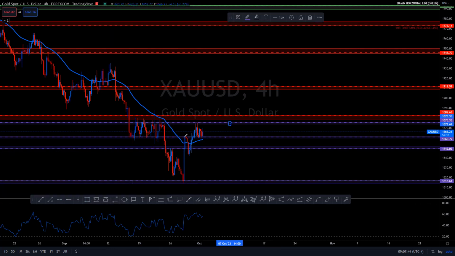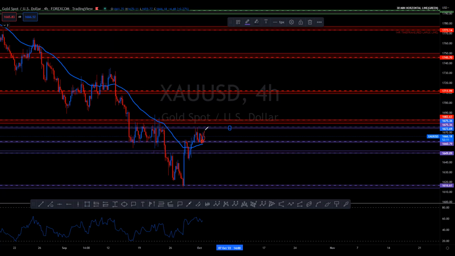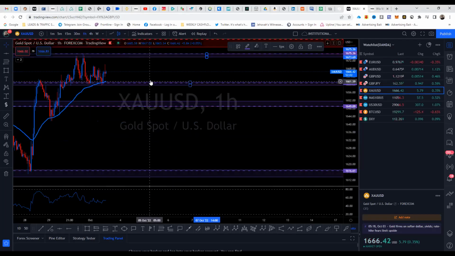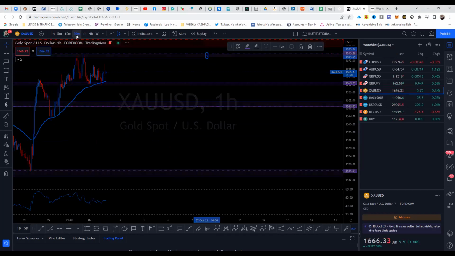So when I look at price, it did jump up in respect to the demand zone here. So it's probably maybe going to buy up to the next zone. But let's look at the smaller time frames. Yeah, I think price is going to buy up to this next zone.